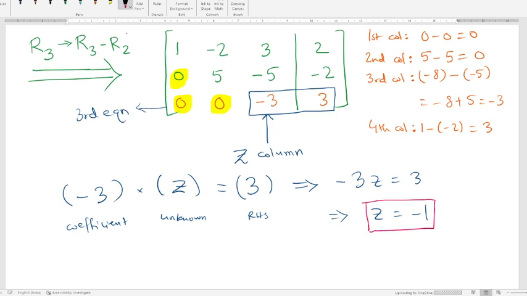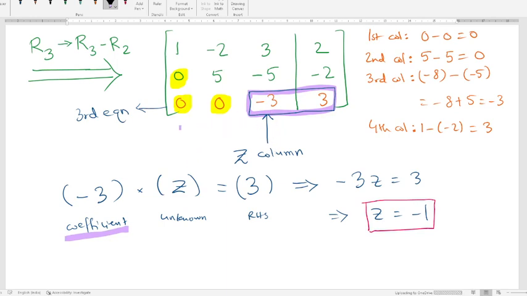Again, what did we do? We looked at the last row, the particular row where there is only one number before the line. What is that number? Negative 3. So negative 3 is going to be the coefficient. This negative 3 is found in the Z column, right?